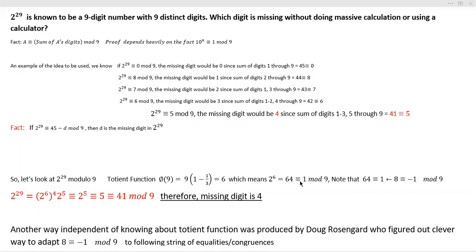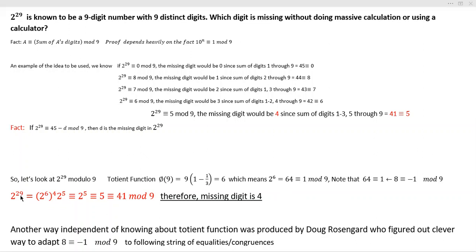All right, now what this really says is that if you do exponent manipulations on 2 to the 29th, it's possible to get it in terms of 2 to the 6th. So any power, any 2 to the 6th power, could be replaced with 1, or 2 to the 6th raised to any power would also just be 1, modulo 9.